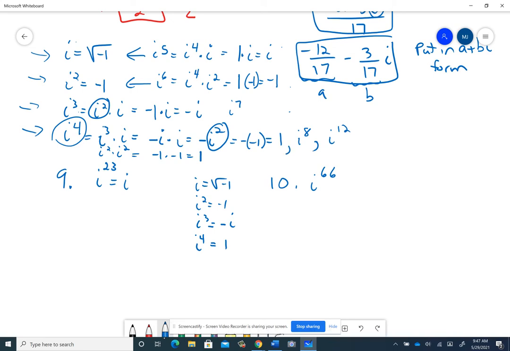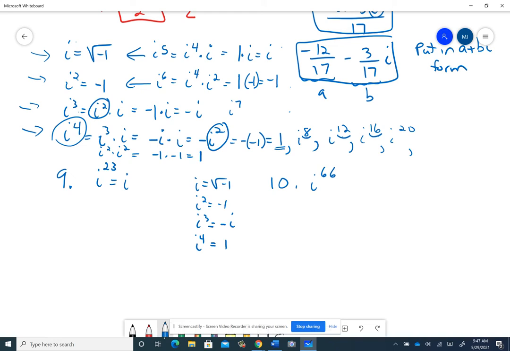Okay. And then the next time I would wind up here would be i to the 16th, another round of 4. So notice that if I can get the exponent on the i to be something that is a multiple of 4, then I know that's going to equal just 1, which is really nice. So see how i to the 20th would have been it, i to the 24th, etc.